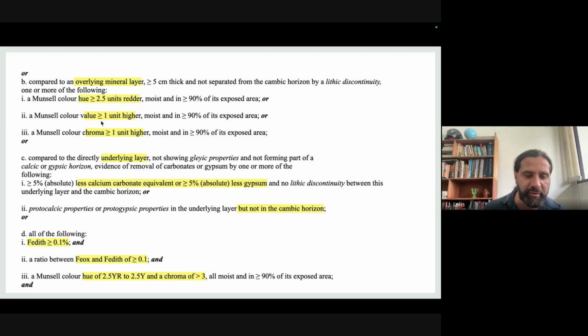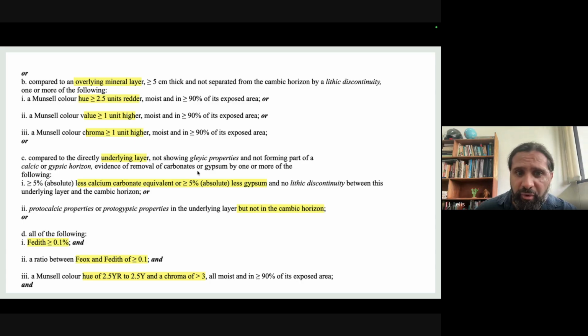formation at least, okay? Or compared to the directly underlying layer, not showing glacic properties and not forming part of a calcic or gypsic horizon. So I cannot register concentration of gypsum or calcium carbonate, but removal of them, okay?